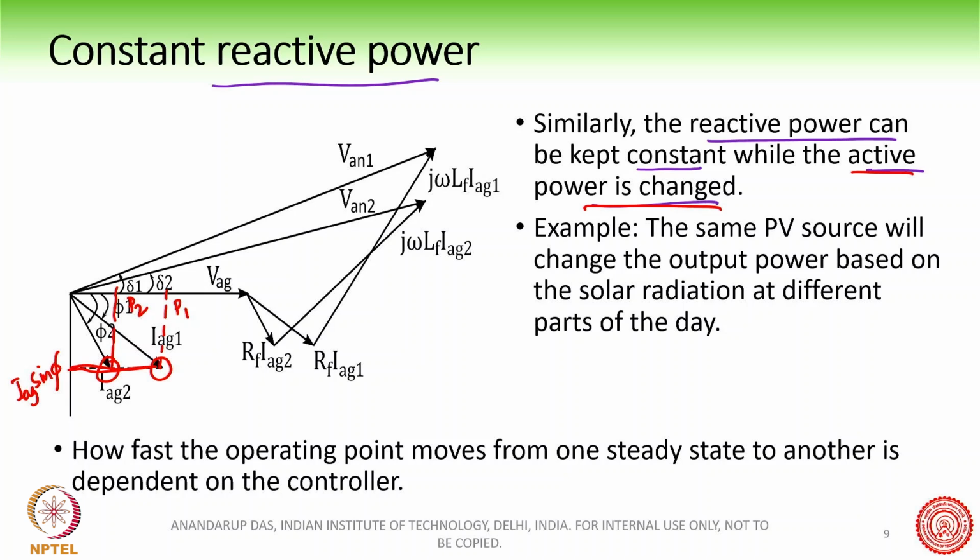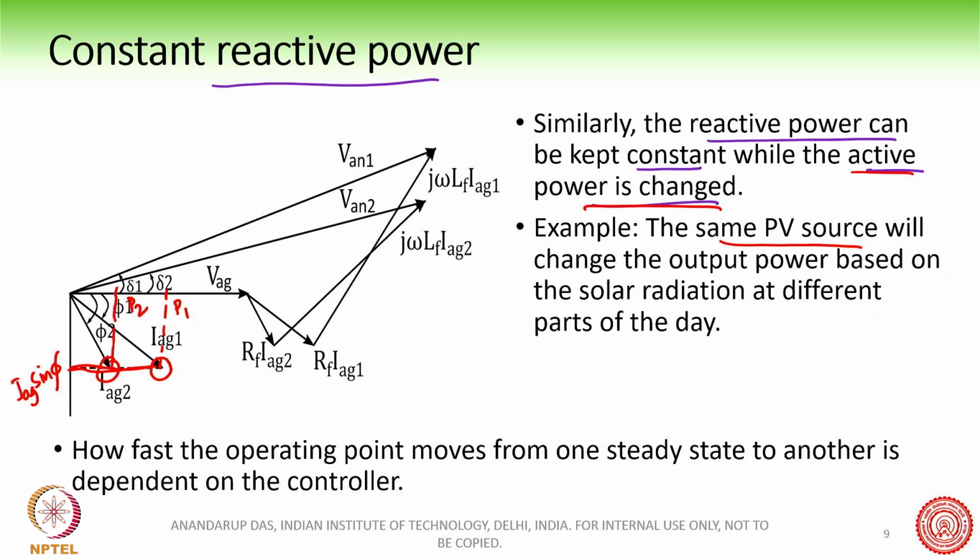That operation will be needed because suppose this PV source, throughout the day, will not generate the same active power. In the morning it will generate less, in the afternoon it will generate more, and again in the evening it will generate less, right? So when the active power is changing, we have to follow a certain phasor diagram.